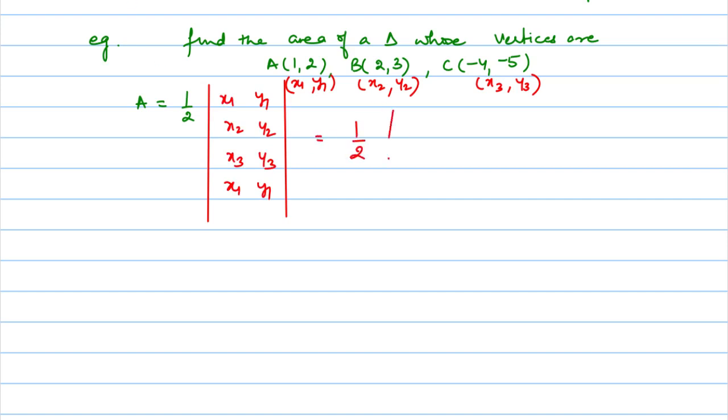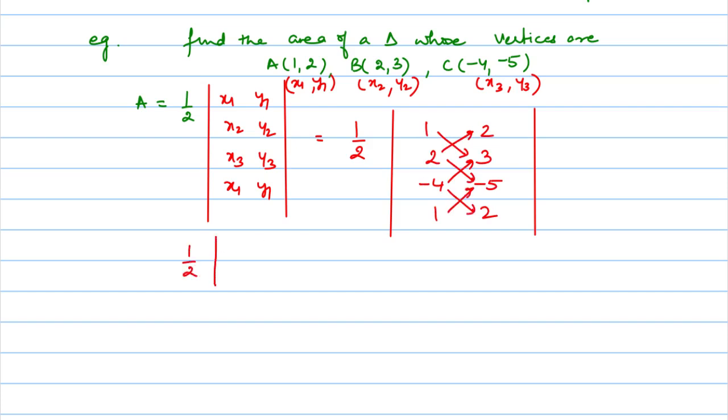Now plug in the values. What do we get? x1, y1 is 1, 2. Then x2, y2 is 2, 3. Then -4, -5. And then we'll write 1 and 2. Start knitting. Now, how will we write this? Half mod 1 into 3 minus 2 into 2. Concentrate on this part.